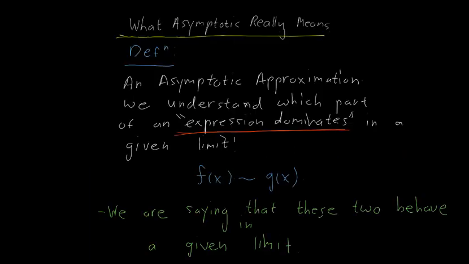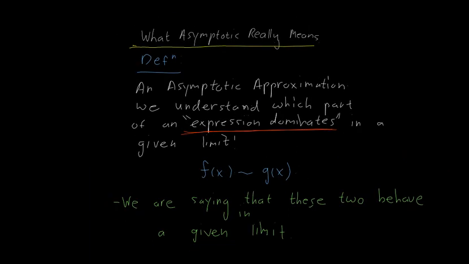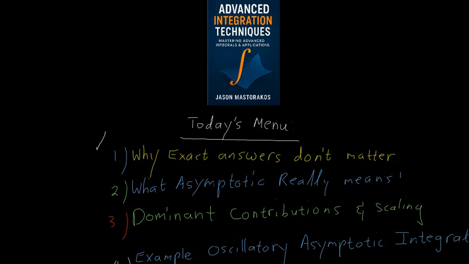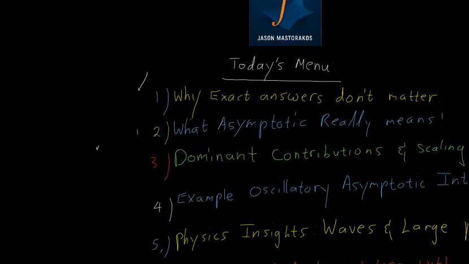Okay, so we've covered what it really means to be asymptotic. Let's look at our checklist. We've talked about why exact answers don't matter, and what asymptotic really means. Now we're going to look at dominant contributions and scaling. Actually, before we get to dominant contributions, we should also think about having a course shift in our thinking.